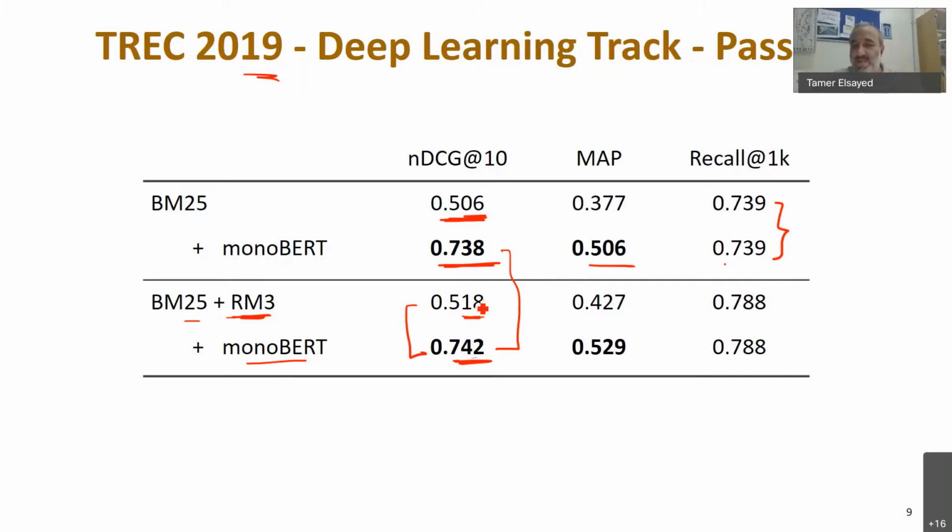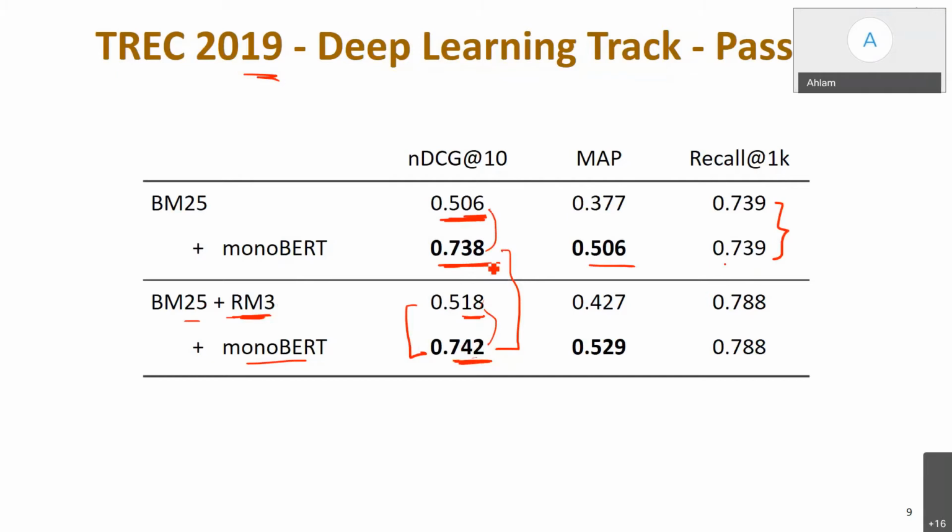So that means that maybe sometimes we don't need this expansion anymore. The improvement that we got is really slight, between 0.738 and 0.742. Okay, but see the jump here. And maybe the expansion will affect the efficiency also.